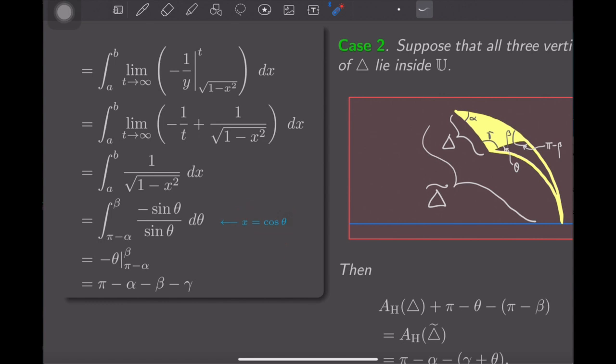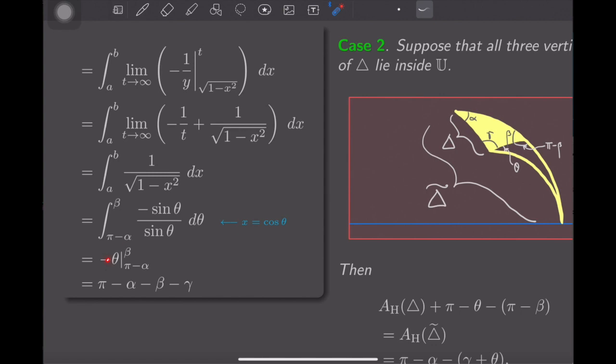And of course I have to replace dx with the derivative, and then d delta. Okay, but here of course this cancels, and then I have the integral of minus 1 from pi minus alpha to beta. So it's minus theta from pi minus alpha to beta. Okay, but then, obvious, right?